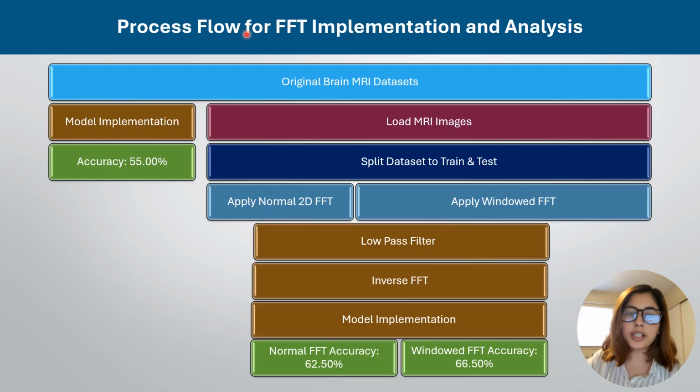This is the process flow diagram for this entire project implementation and analysis. Firstly, I extracted the dataset from Kaggle and implemented the original MRI brain images in the model. The accuracy was 55% without applying FFT or any kind of filter.